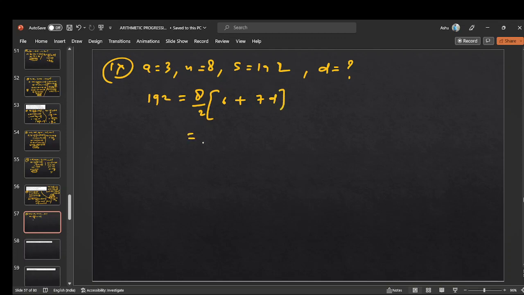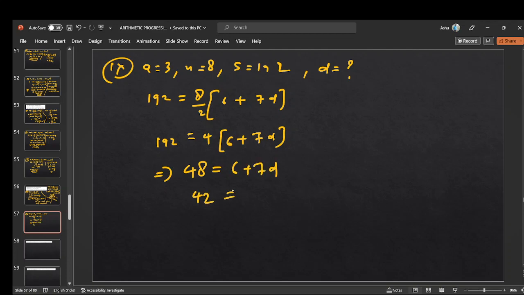Then 2 4s are 8, here 4 into 6 plus 7d, here 192. 4 4s are 16 and here 3 4s are 8, 32, and 6 plus 7d, here 42, here 7d, then d will be 6.